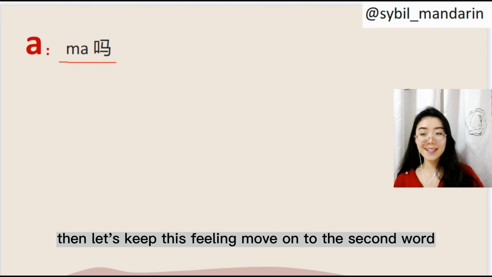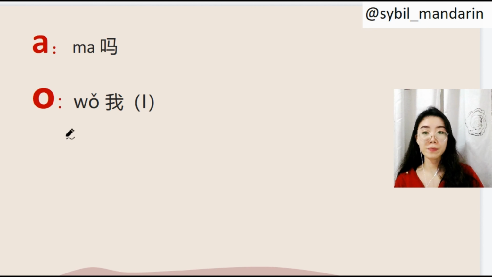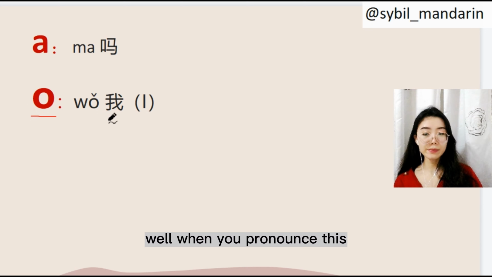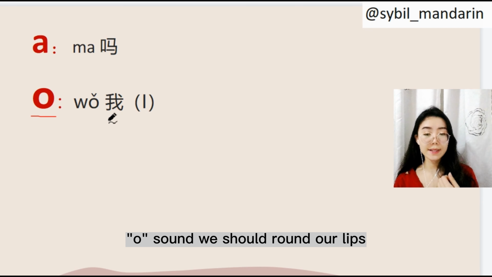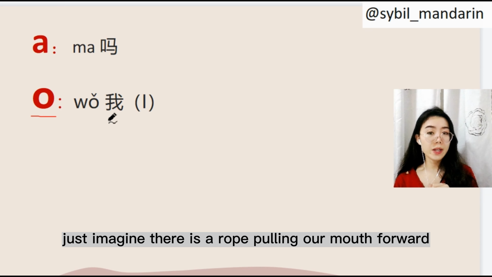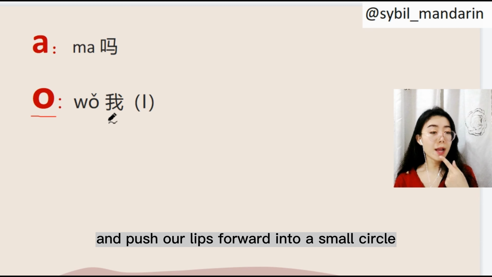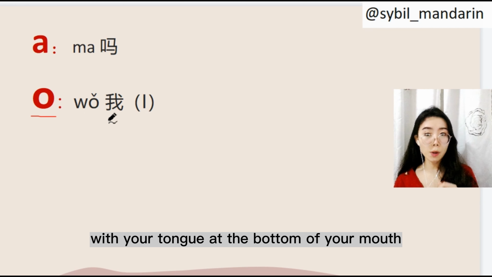Okay? Then let's keep this feeling and move on to the second pronunciation. It is u. When you pronounce this u sound, we should round our lips and pull them forward. Just imagine there is a rope pulling our mouth forward, and push our lips forward into a small circle with your tongue at the bottom of your mouth.